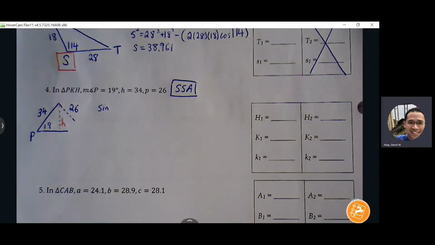Okay, so again, angle P, side H 34, and then the hanging side, side P. We don't know what's happening with that 26, so I'm going to find that altitude first.